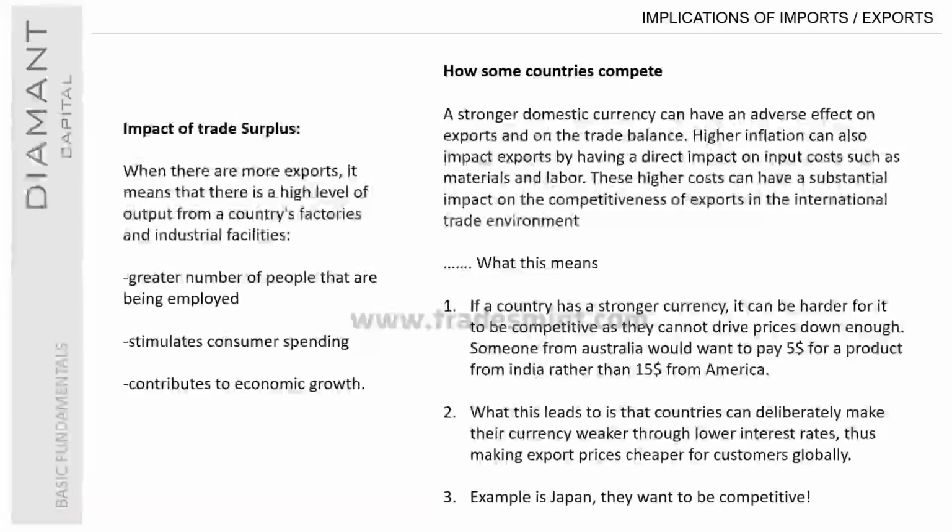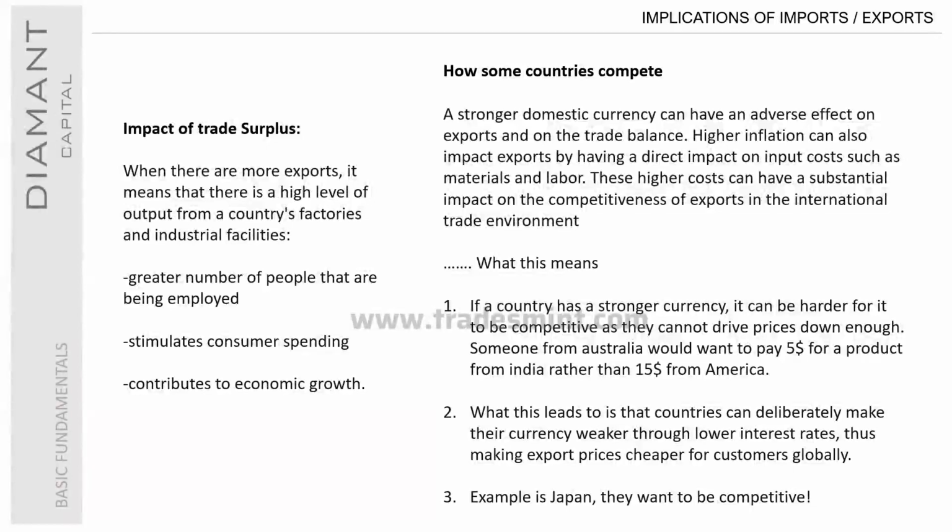So what does this mean? Firstly, if a country has a stronger currency, it can be harder for it to be competitive in the global market as they can't drive prices down enough. So if somebody from Australia wanted to pay for a product, they would have to pay, let's just say, for example, $5 for a product from India due to the exchange rates, as compared to $15 from America.